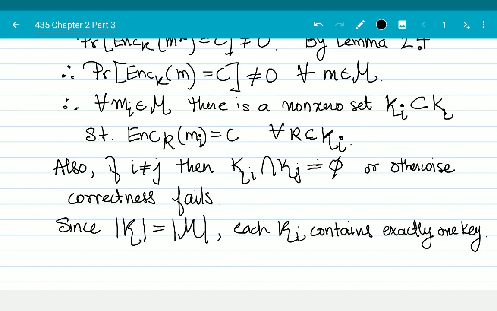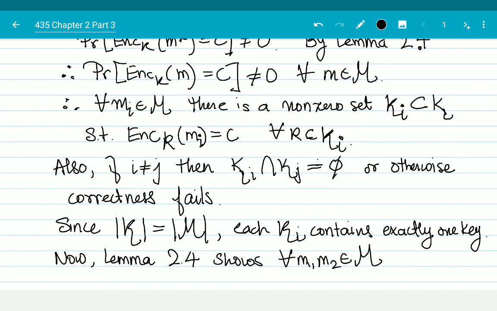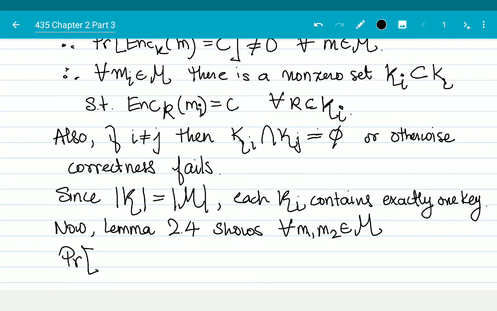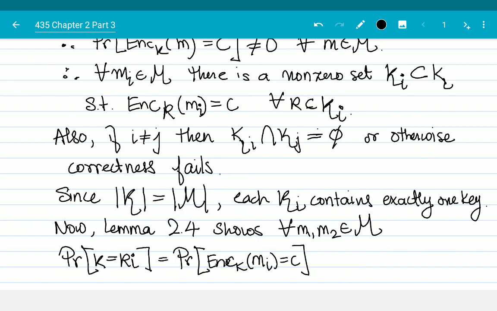Now lemma 2.4 again shows that for every m1, m2 belonging to M, we have that the probability that the key K is equal to Ki is equal to the probability that the encryption of the message mi is equal to c, which is equal to the probability of encryption of mj is equal to c, as we assumed perfect secrecy, right?